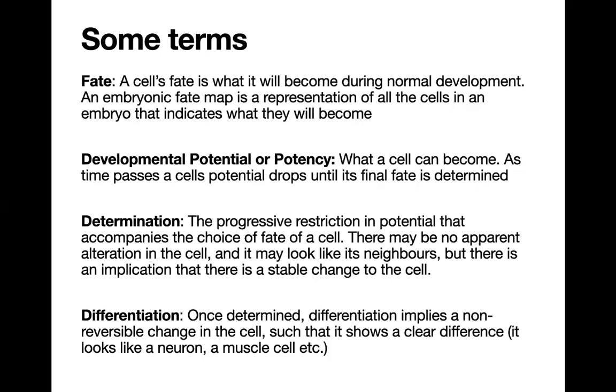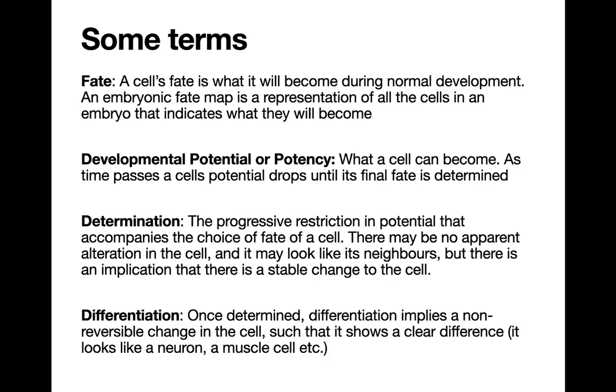You may not see any difference morphologically in the cell. It may look like its neighbors, but there's an implication that inside the cell there's a stable change that's somehow restricting its potential, so that it is following a particular path as it moves to its final fate.